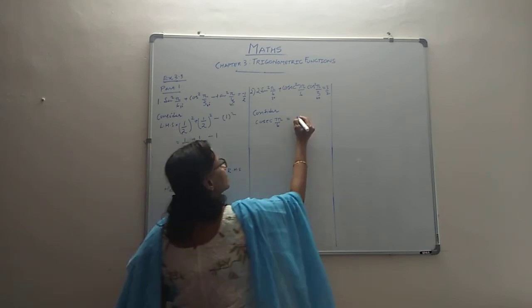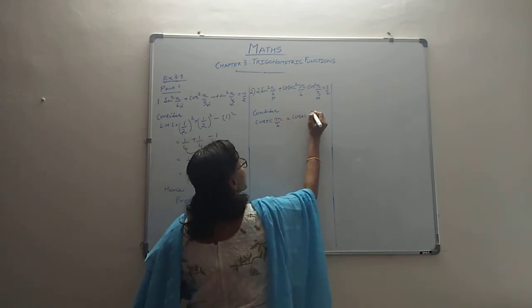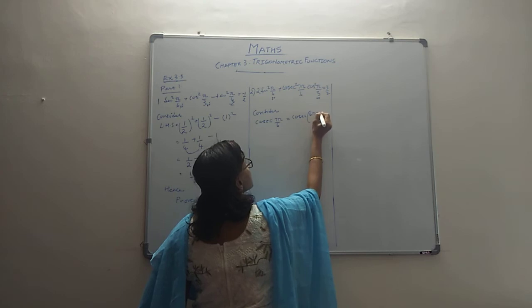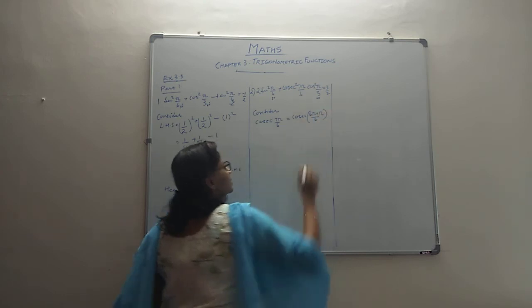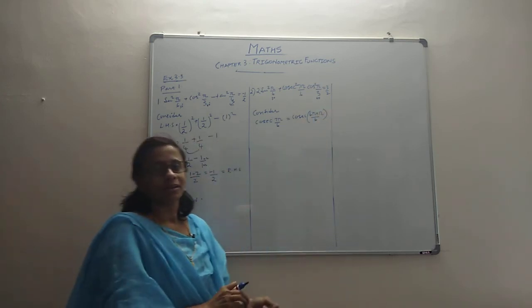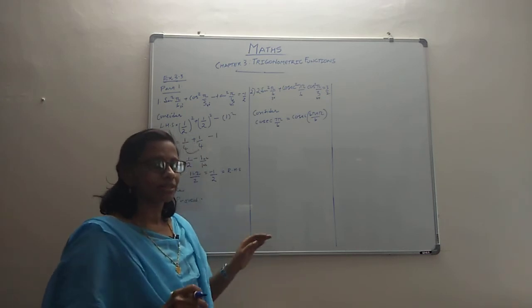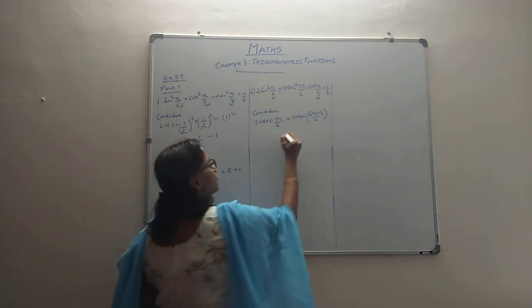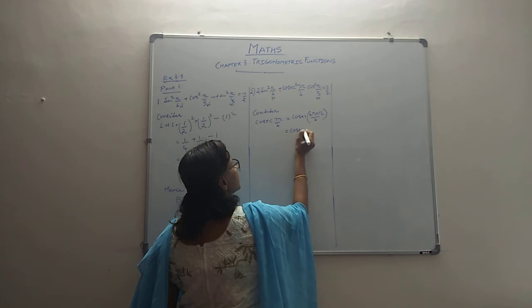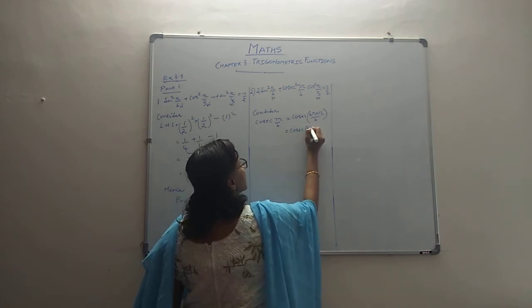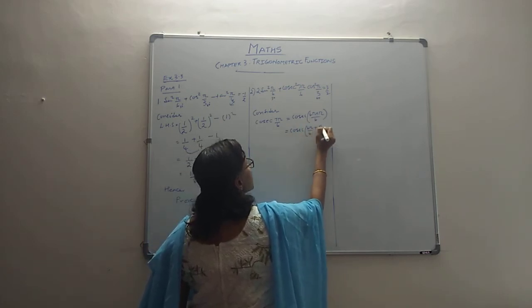Here, the only thing that can work is probably 6 pi plus pi by 6. This seems to work better; others may become a little more complicated. So then what will happen? This will become cosec of 6 pi by 6 plus pi by 6.